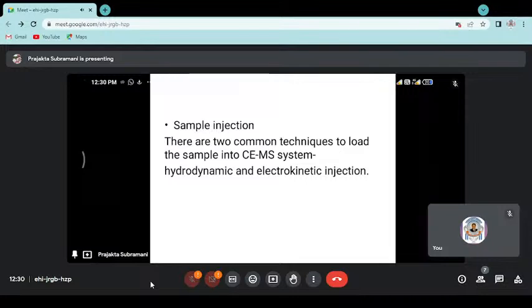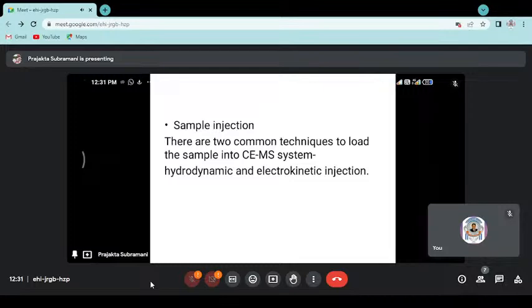In the hydrodynamic injection system, for loading the analyte, the capillary is placed into the sample vial. This hydrodynamic injection is done in different ways. We apply positive pressure to the inlet and negative pressure to the outlet, so the sample inlet can be raised in relation to the capillary outlet.